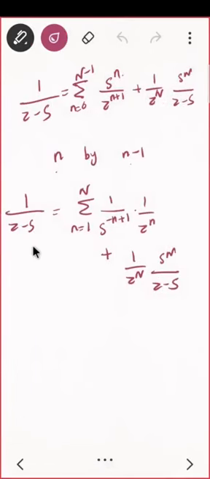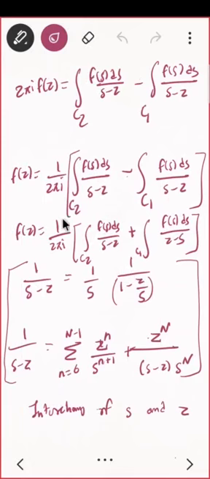So let us multiply by f of S upon 2 pi I. I want to use both the things, Z minus S for C1 and the other for C2. This one, 1 upon S minus Z, I'll be using for C2.